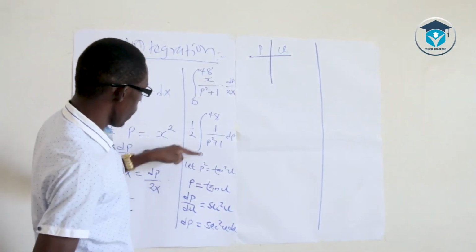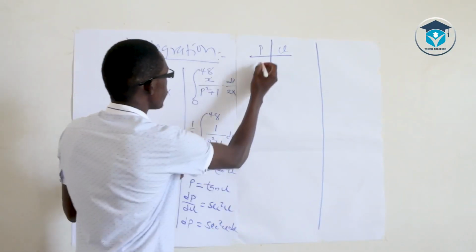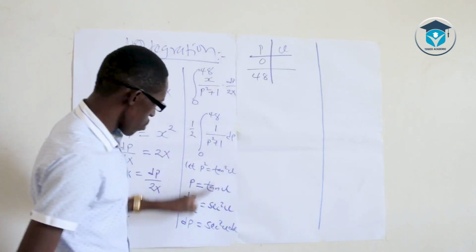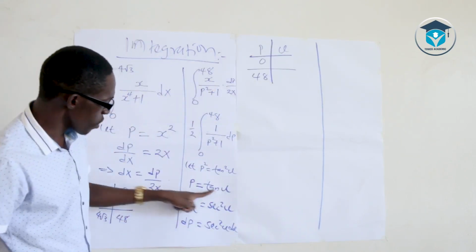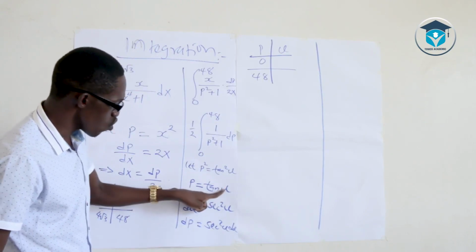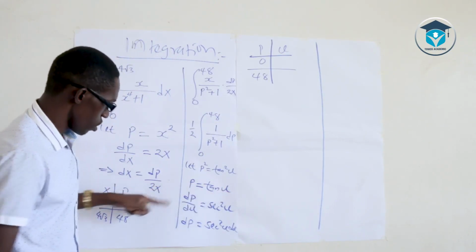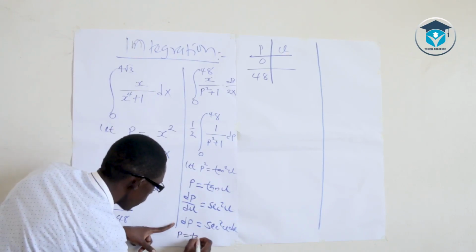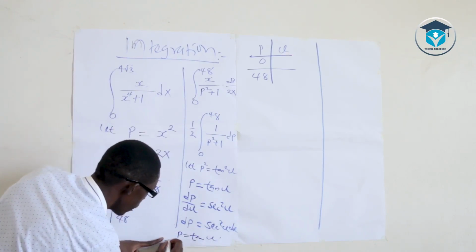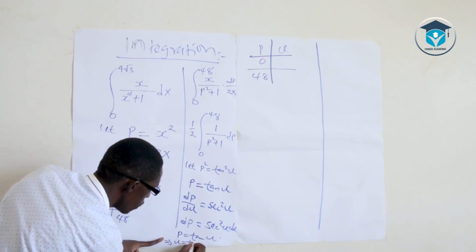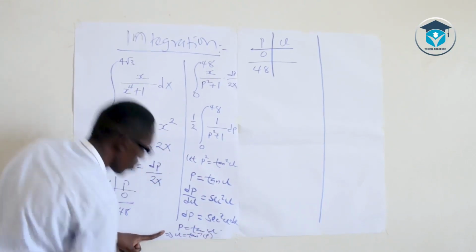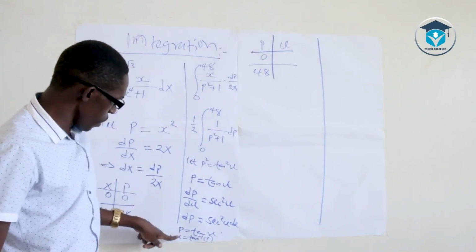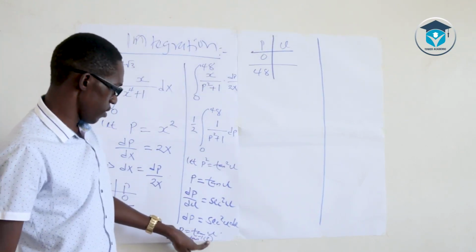If my p is 0 and 48, what becomes my u? If p is tan of u, then u is tan inverse of p.